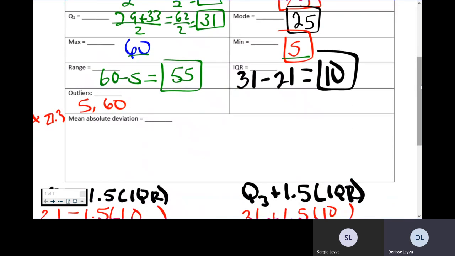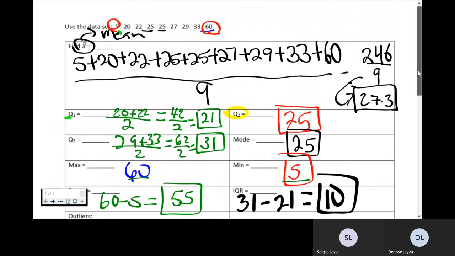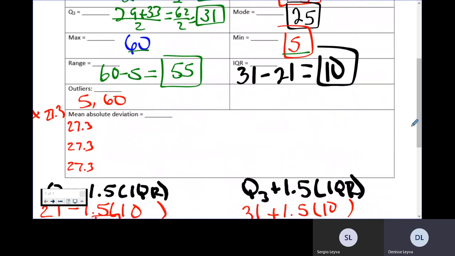So I'm going to write 27.3 down for all the numbers I have. In this case, I can see I have 9 numbers, so I'm going to write this 9 times.